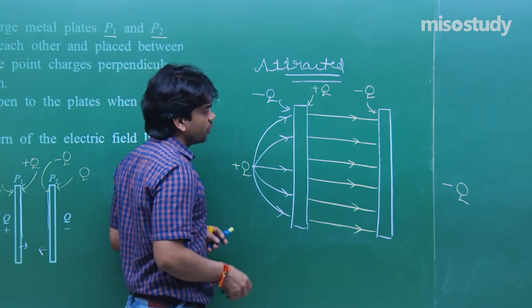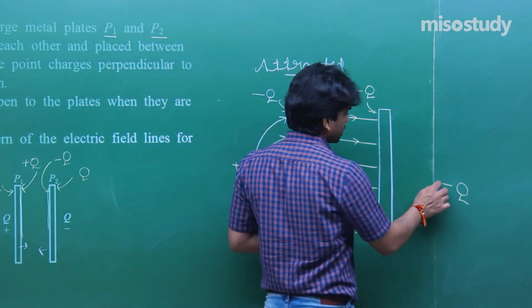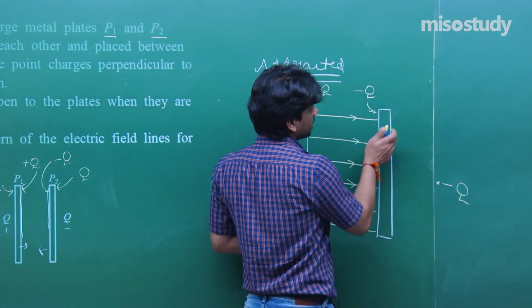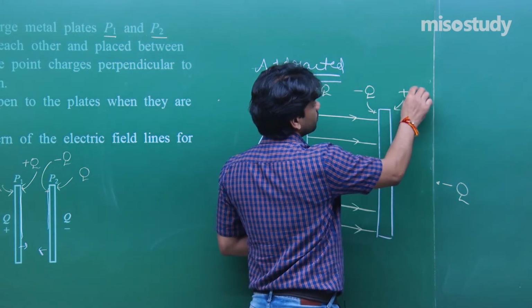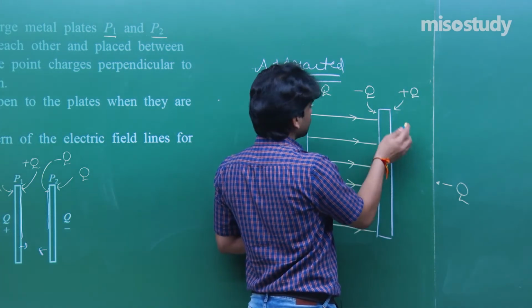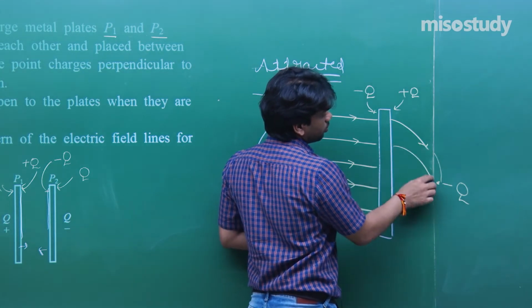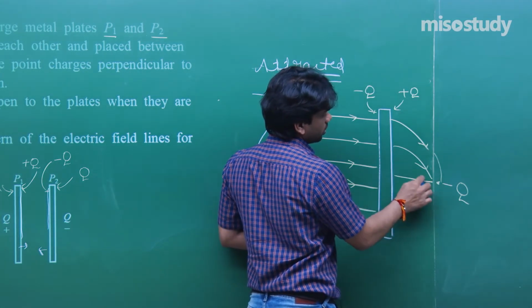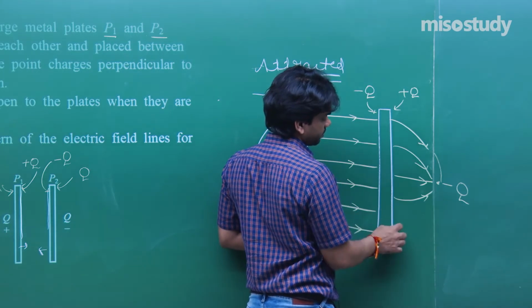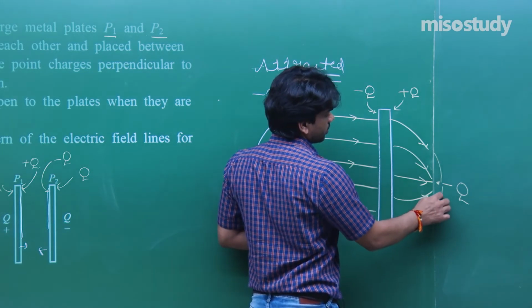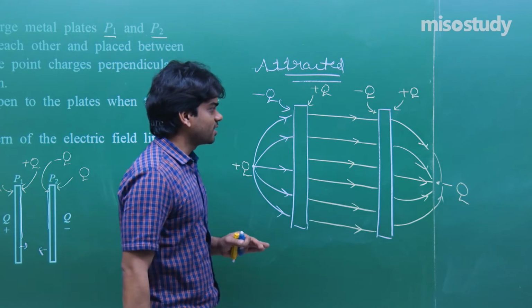This is the sense of field lines. Now for minus q charge, you may just see I am drawing the sense, it's minus q and here plus q. Field lines will be moving away, so let me show you that they are moving towards this point charge. I believe that this case is clear to you all.